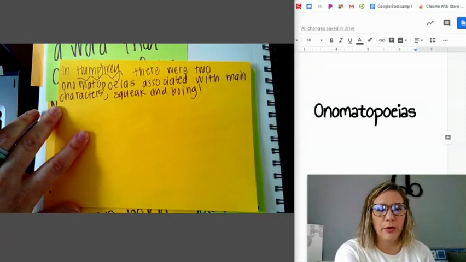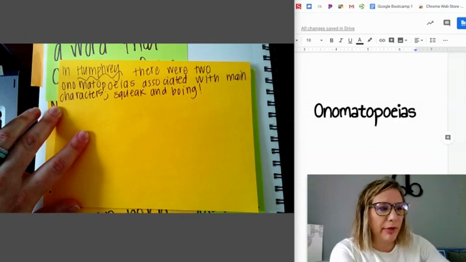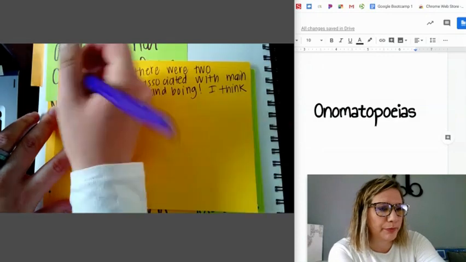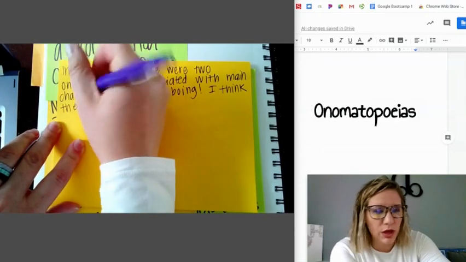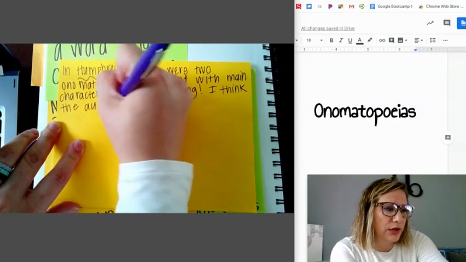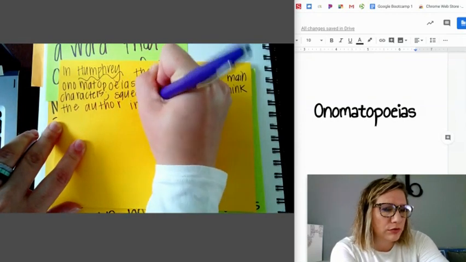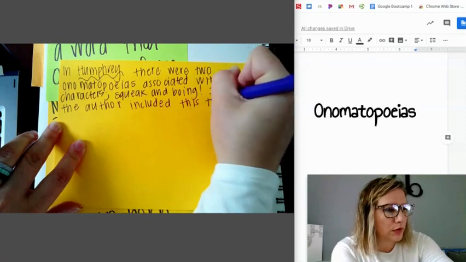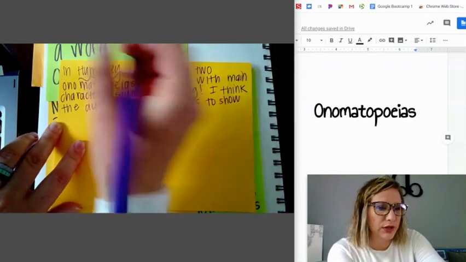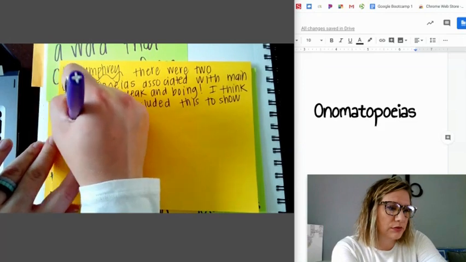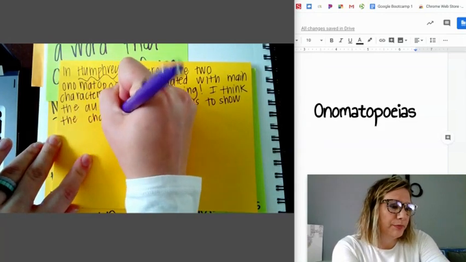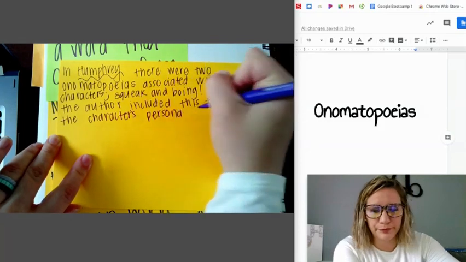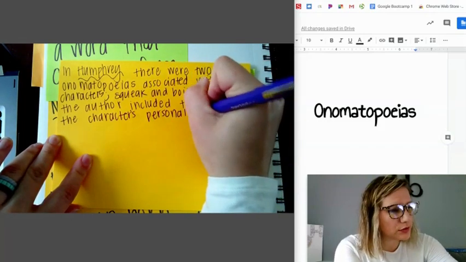From Humphrey and from Og. I think the author included this to show the characters' personalities. Even though they're animals.